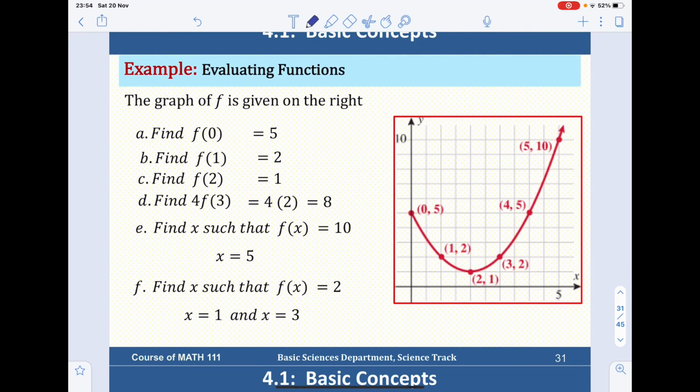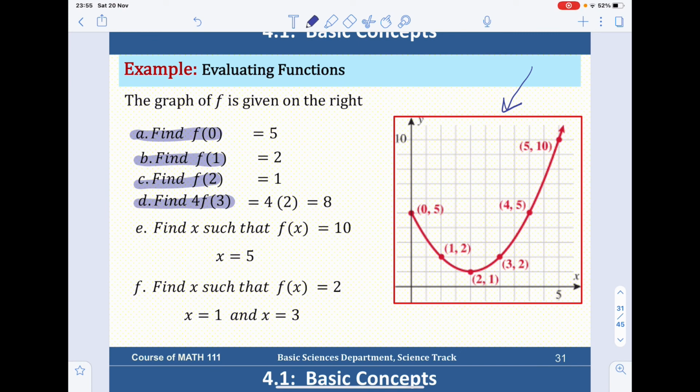Evaluate the function. The graph of the function over here is given on the right side. They give us the graph of the function, and we want to find out f of 0. Find f of 0 and find f of 1, f of 2.